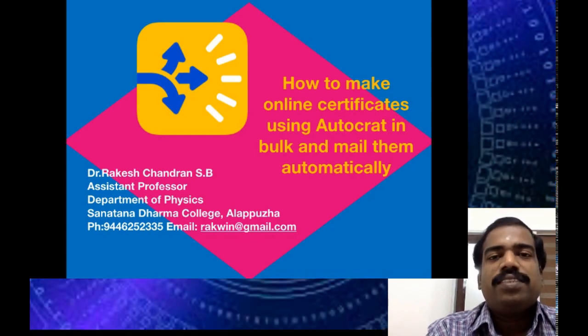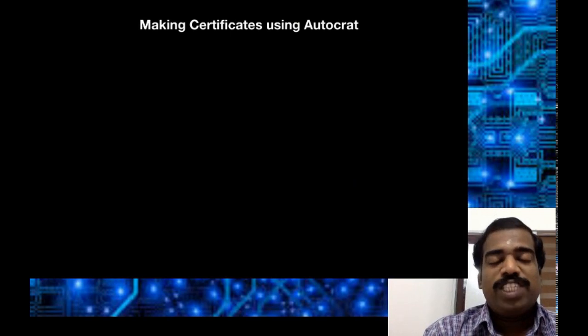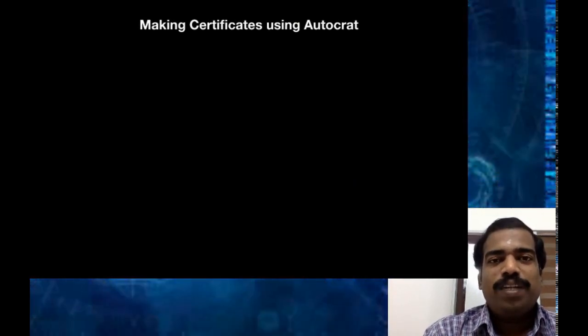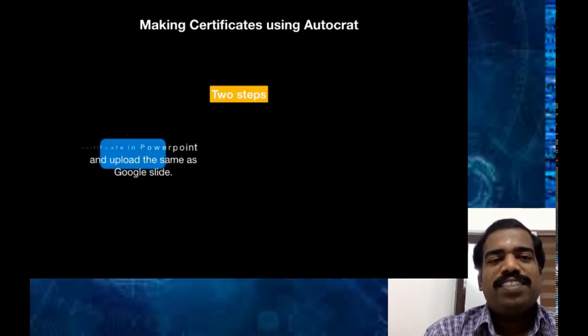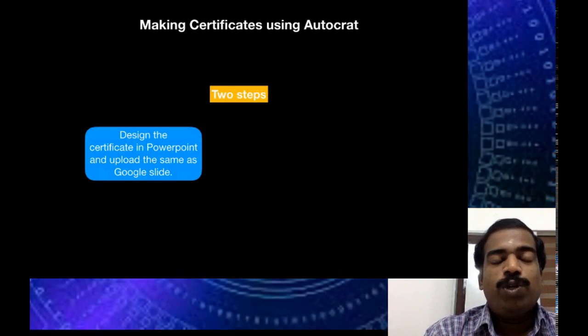In this session, I will discuss how to create online certificates using Autocrat. Let's move to the topic. If you want to make certificates using Autocrat, the process involves two steps. The first one is you need to design the certificate in PowerPoint and upload the same as Google Slide.